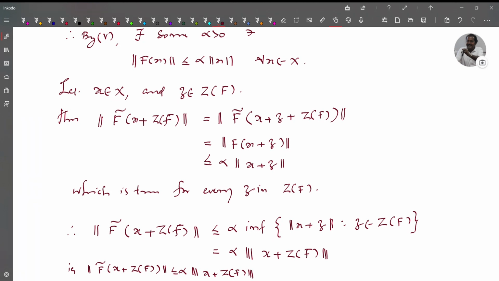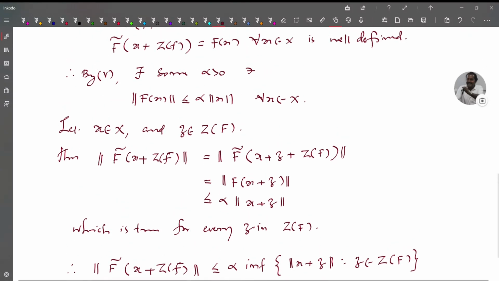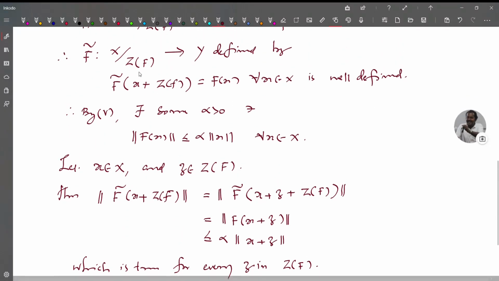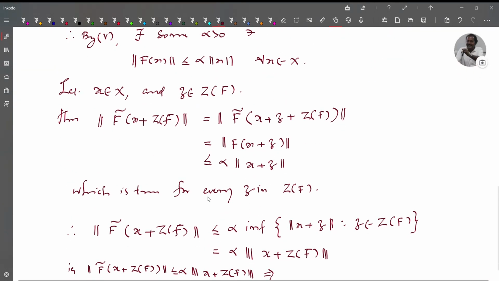So this implies f tilde from the quotient space X over the zero space of f to Y is continuous.